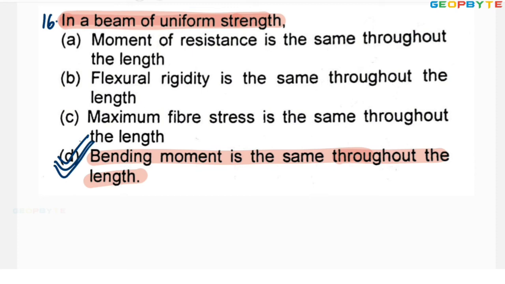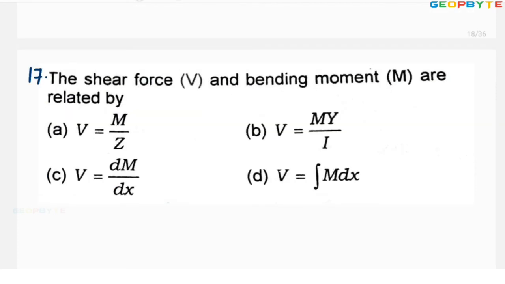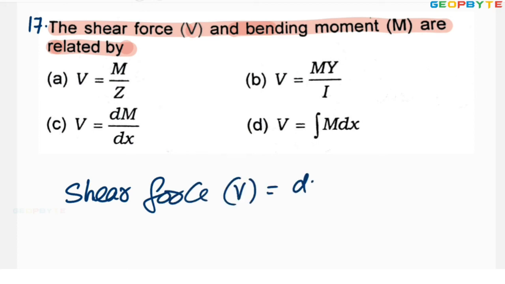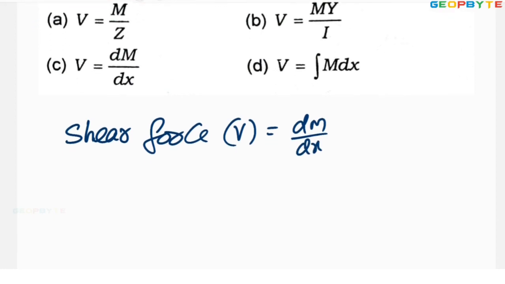Look at the next problem. The shear force V and bending moment M are related by, this point we already discussed. Shear force V equal to dM by dx. That means rate of change of bending moment equal to shear force.